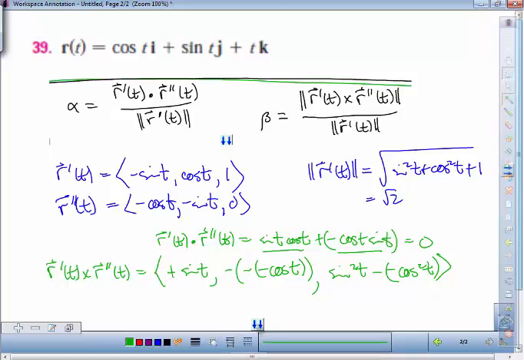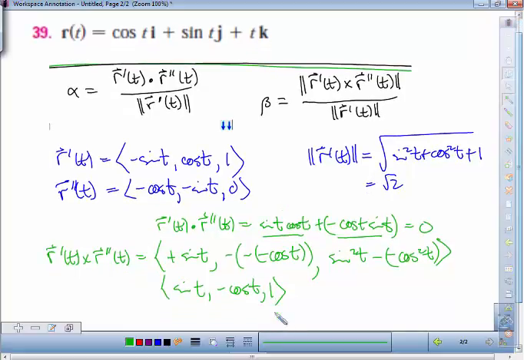So let's see if we can gather all this and simplify it. We got positive sine t, minus cosine t, and 1. But we also want to take the magnitude of that, right? According to the beta formula.